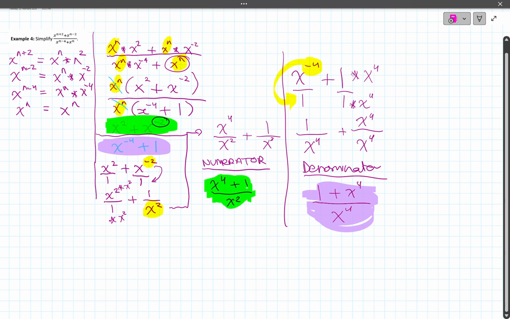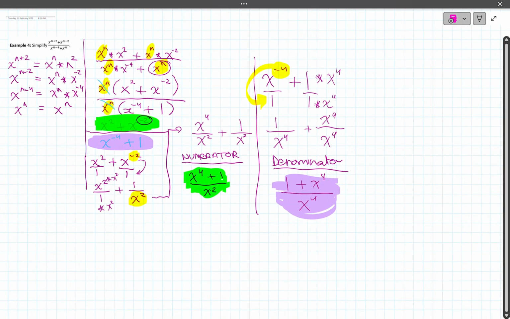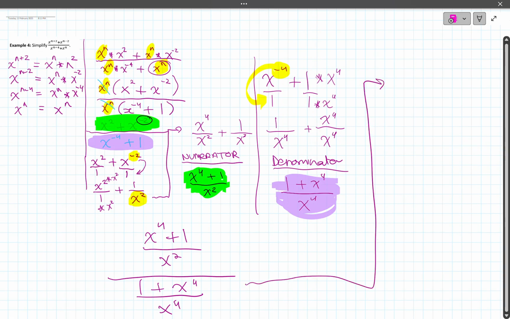Let's keep in mind that, of course, the vinculum, this fraction line, means divide. So if I write the numerator and the denominator as they are, it's going to be x to the power of 4 plus 1 over x squared over 1 plus x to the power of 4 over x to the power of 4. That looks ridiculous and it's pretty hard to work with.